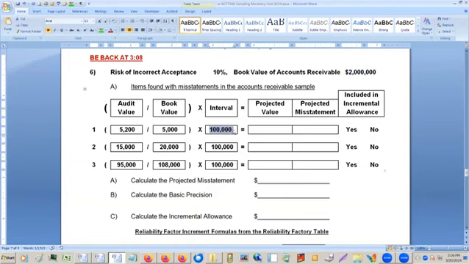Here's a question: how many items were in our sample? The book value is 2 million, and we have an interval of 100,000.